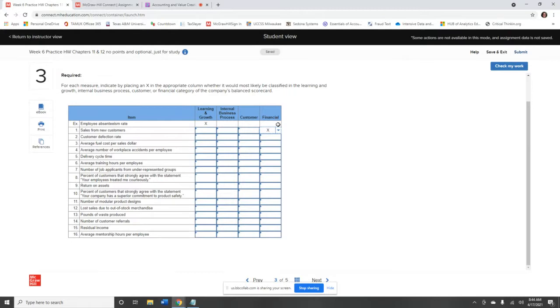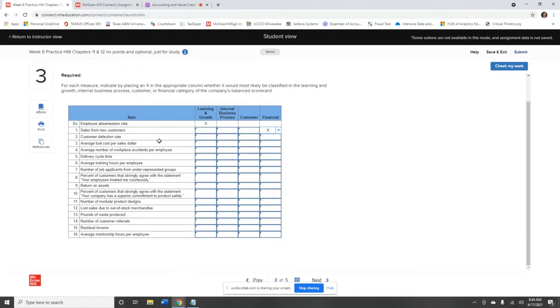The customer metrics are like, how happy are our customers? Do they like us? Are they loyal? Do they think they're getting good value? Are we keeping our customers, right? Measures that are a function of new customers, previous customers, employees, like sales per employee, those are financial. Some of them can sound a little confusing until you kind of get it down.